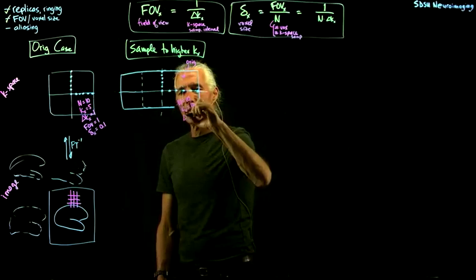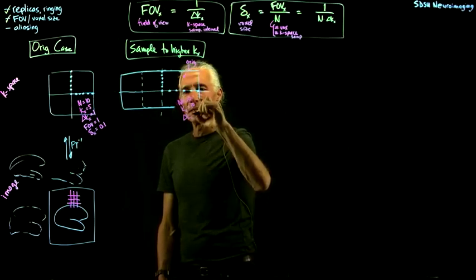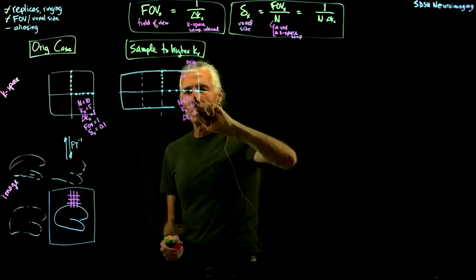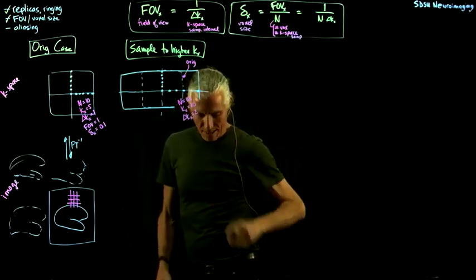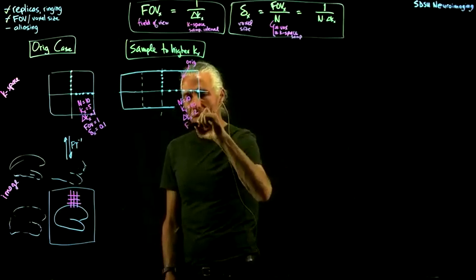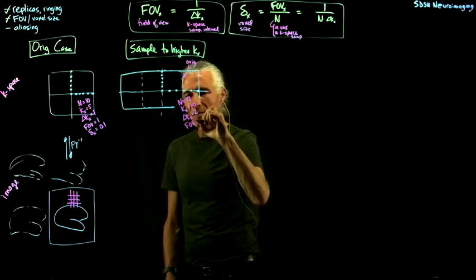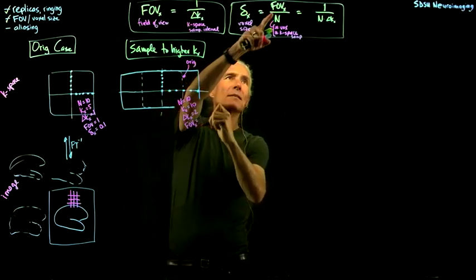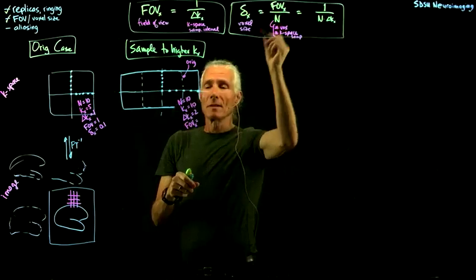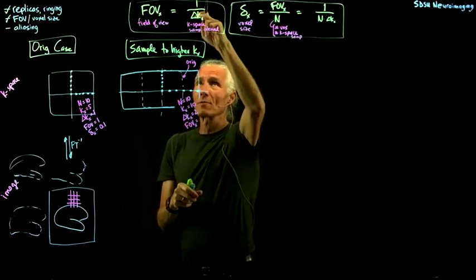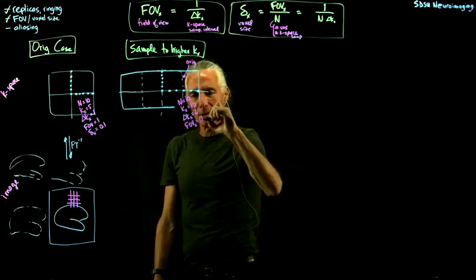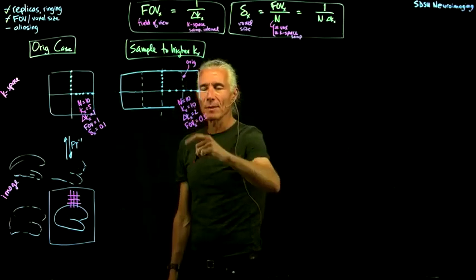And so the delta kx equals 2, because we're only sampling every 2 spatial frequencies. And then the field of view in the x direction is 1 over that number, and so the field of view is now smaller because the sampling interval was bigger.